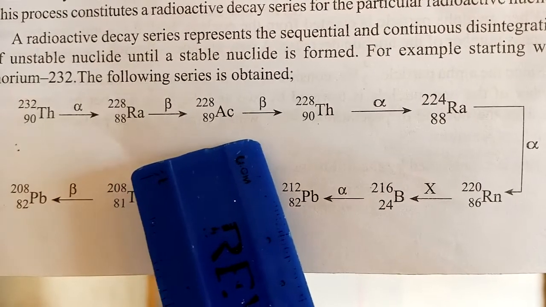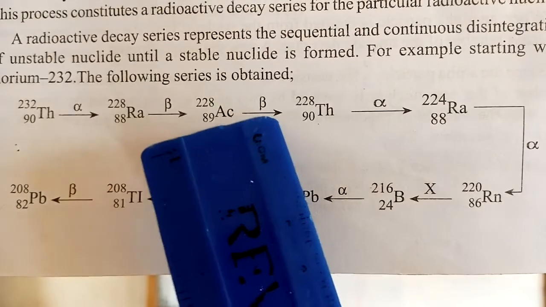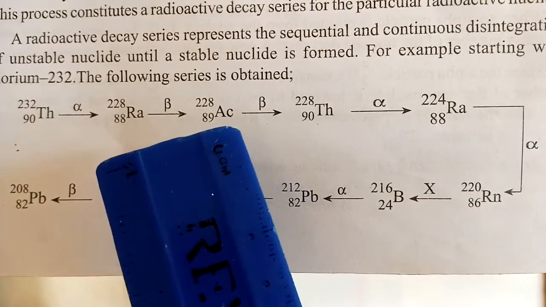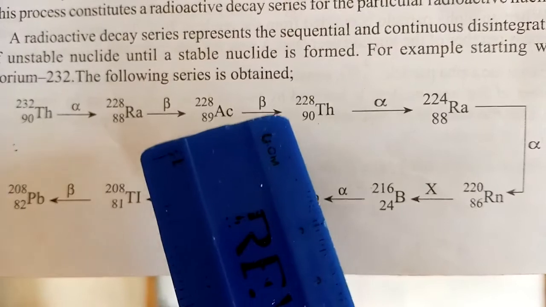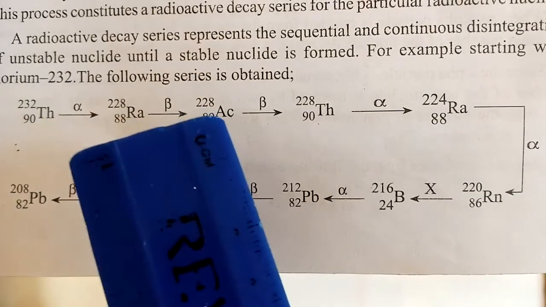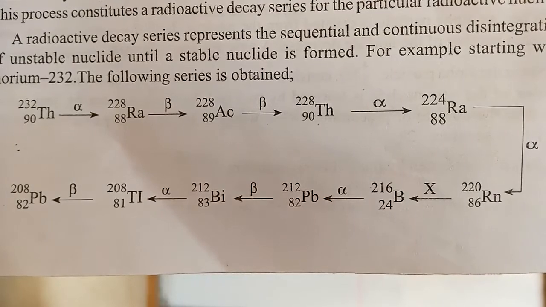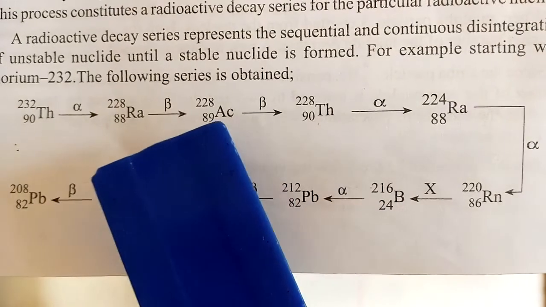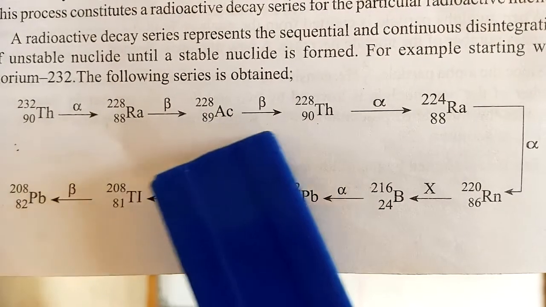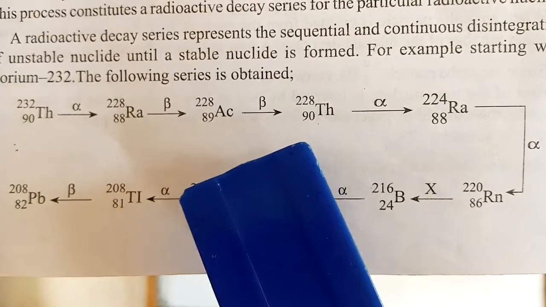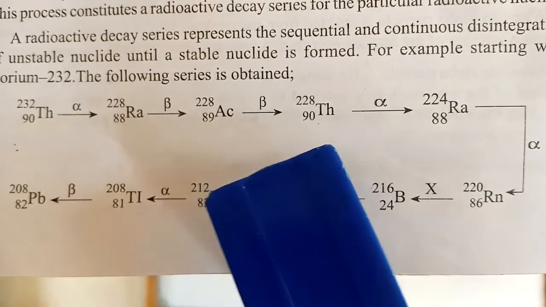Now actinium emits a beta particle. As we have said, beta has no effect on mass number, so the mass number 228 still remains 228, but the atomic number has increased from 89 to 90, forming thorium again.